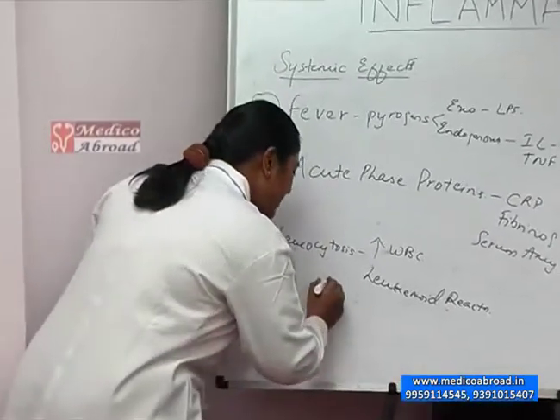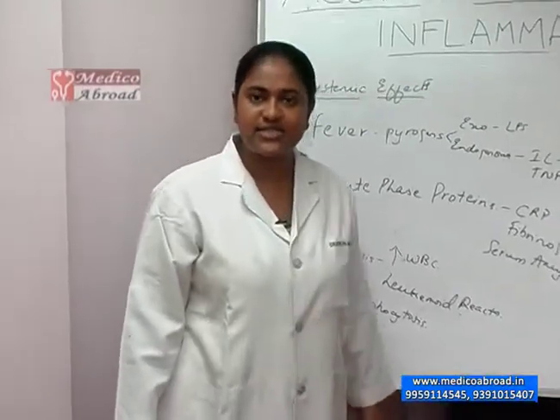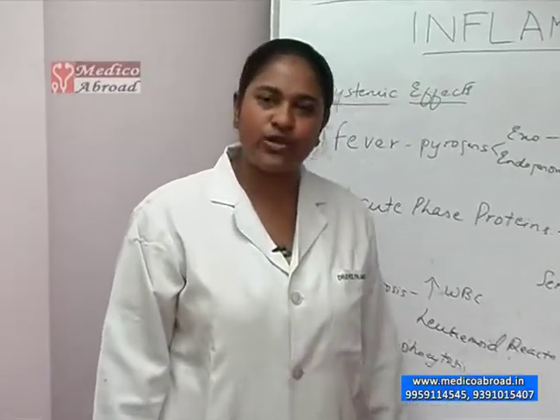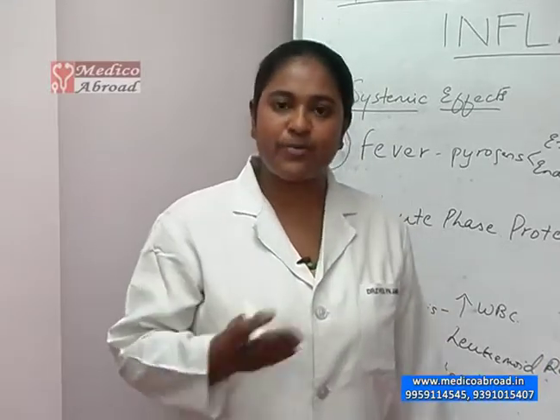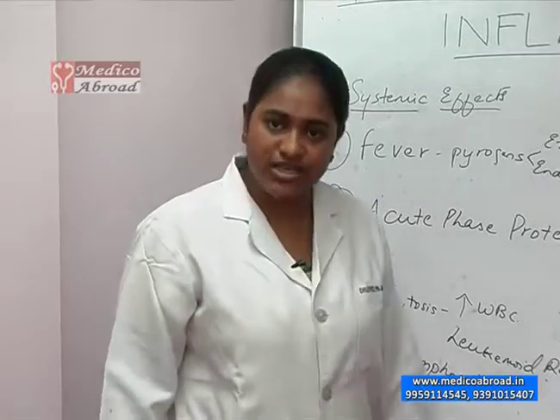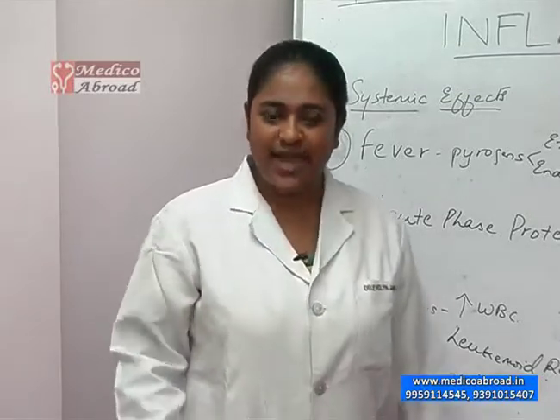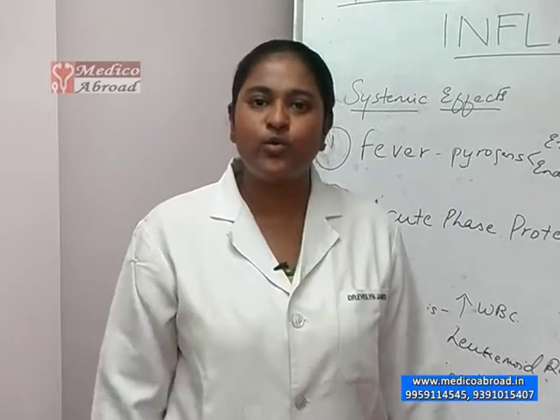Then there is lymphocytosis. This is seen particularly in some diseases like infectious mononucleosis, etc., where instead of neutrophils, there is a predominance of lymphocytes. Then there's another reaction in infection that the count of the lymphocytes falls. This is called leukopenia.